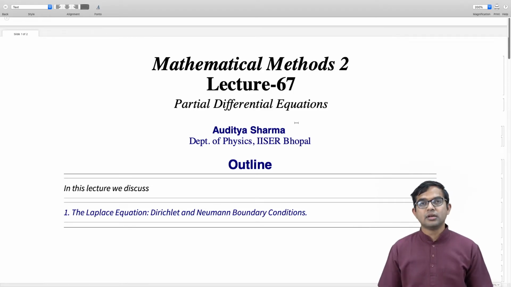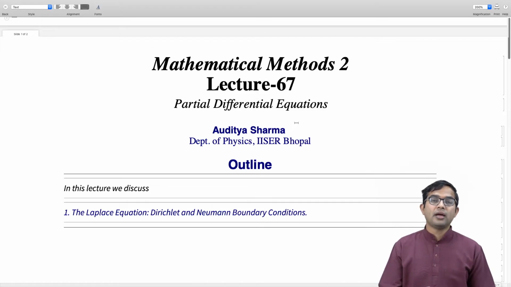We have this general method and solution, and we will see how to apply it to specific boundary conditions, taking the two standard boundary conditions of importance in problems of this kind. These are called Dirichlet and Neumann boundary conditions.